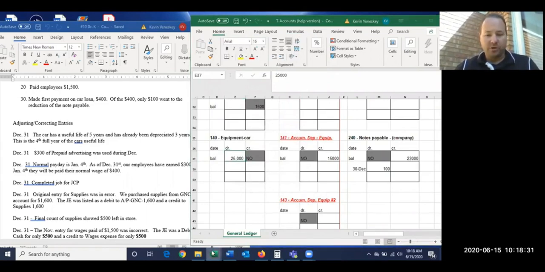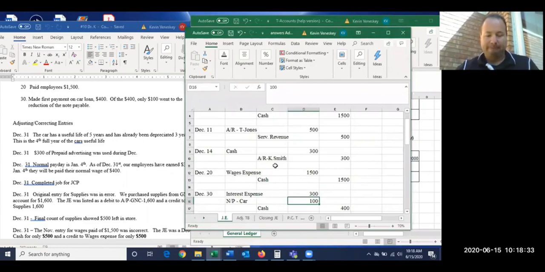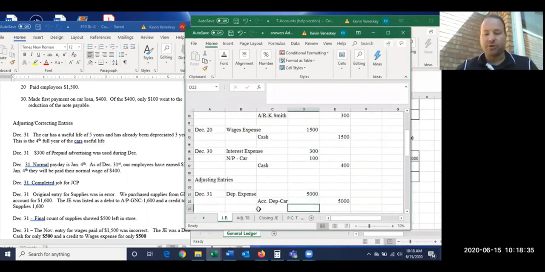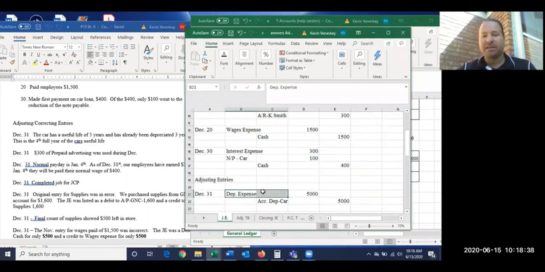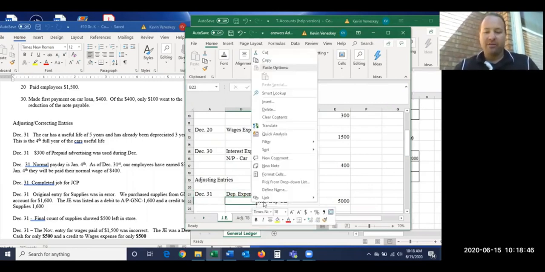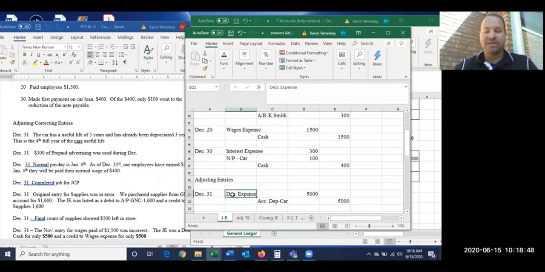So when we get to our journal entry, our first entry shows that this means that we got the use of our car for another year, depreciation expense. And then the credit, whenever we have this as our debit, depreciation expense, the credit is always accumulated depreciation. It's just how it always is. These two accounts always go together.